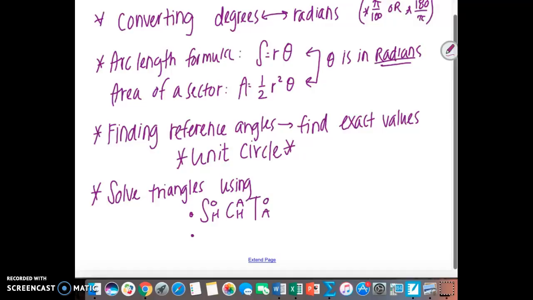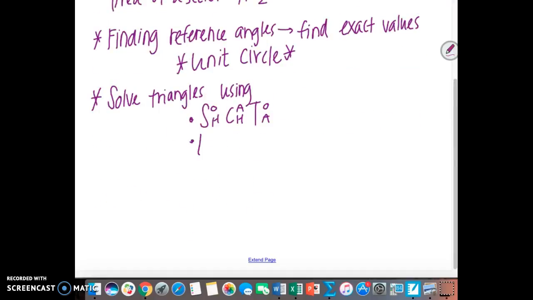We'll need to be using the law of sines, and the law of cosines. And there were examples of solving triangles using the law of sines and law of cosines in the videos today. But if you have any questions on anything that will be on the test, please bring questions tomorrow.